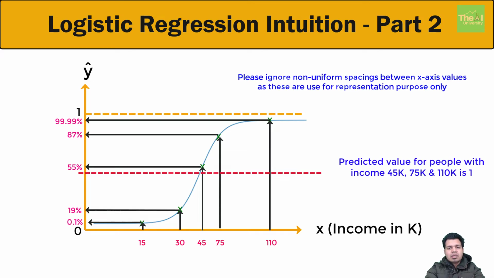In our case, the probability of clicking on the email offer associated with people having income 45,000, 75,000 and 110,000 were 55%, 87% and 99.99% respectively. Hence, the predicted value for those would be 1, which means that they are likely to click on the email offer. Y hat or predicted value would be 1 in this case.